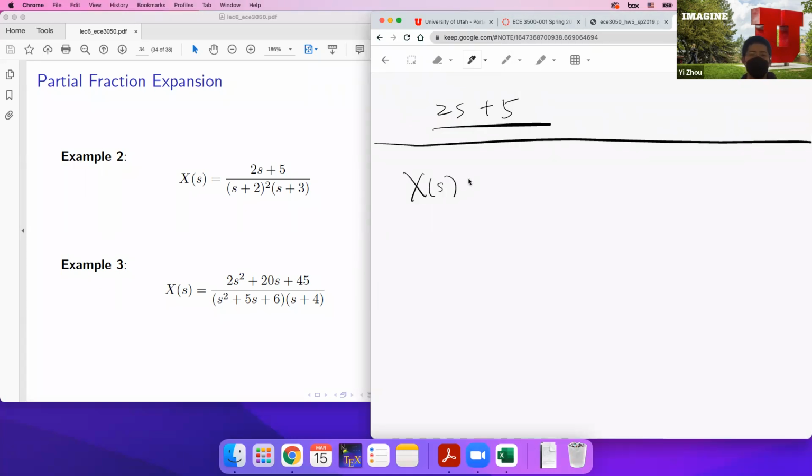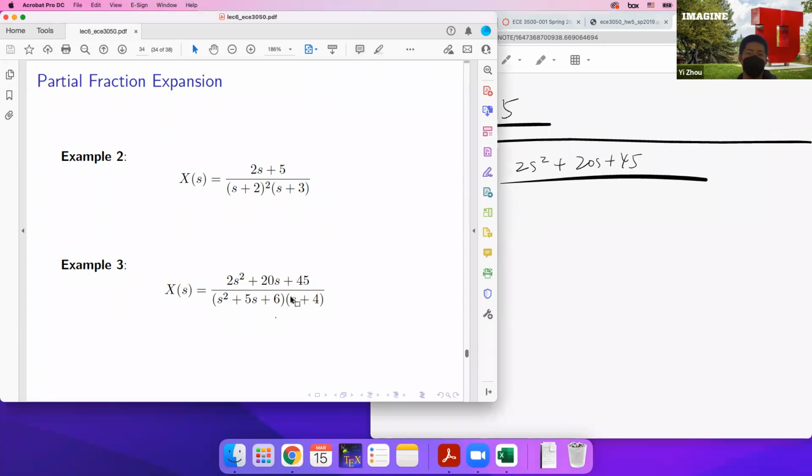So we need to factorize them first on the S. So the denominator, S plus 4 is the simplest factor. But for this one, S squared plus 5S plus 6, this can be further factorized.